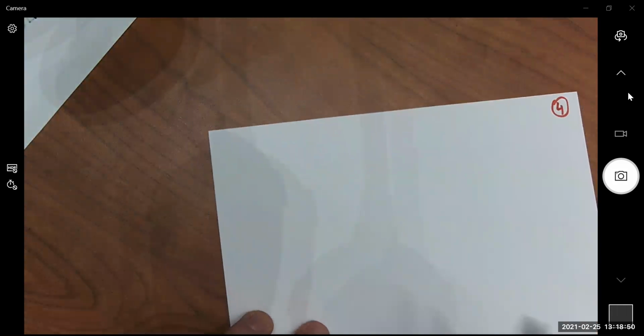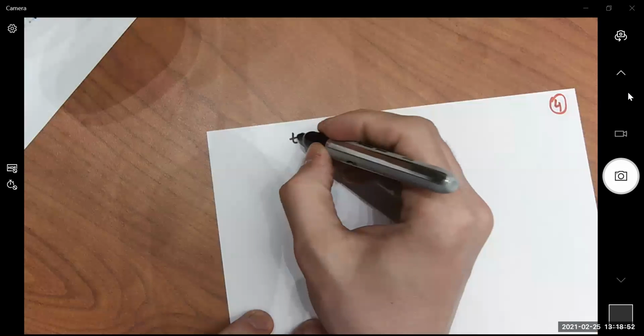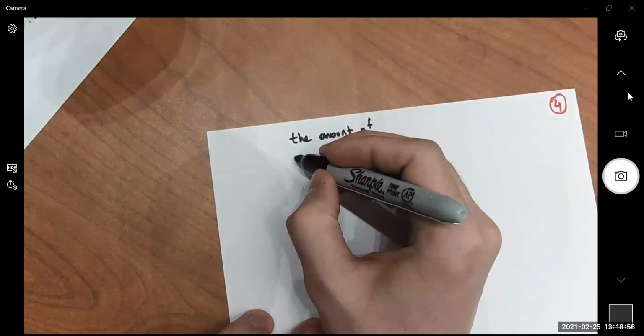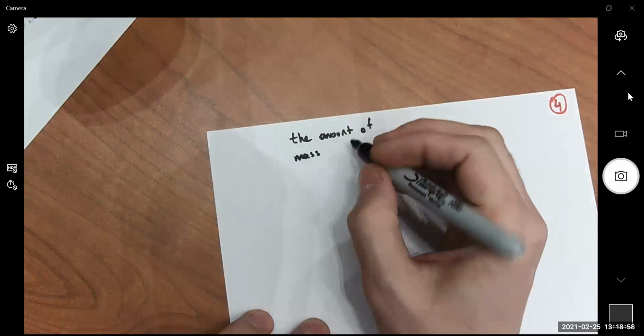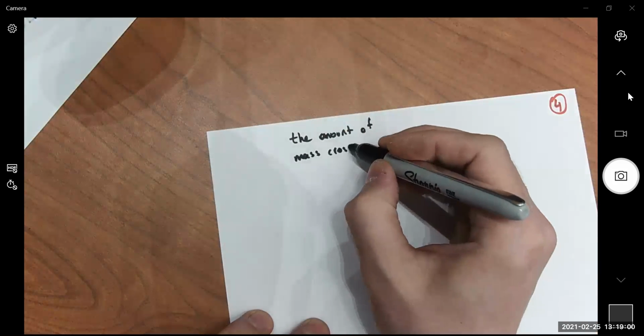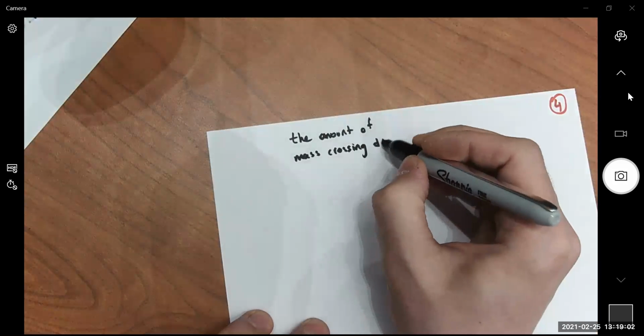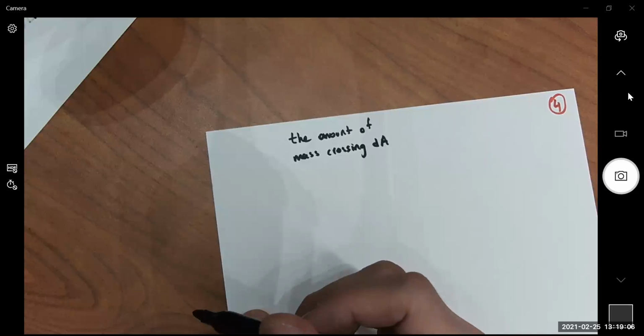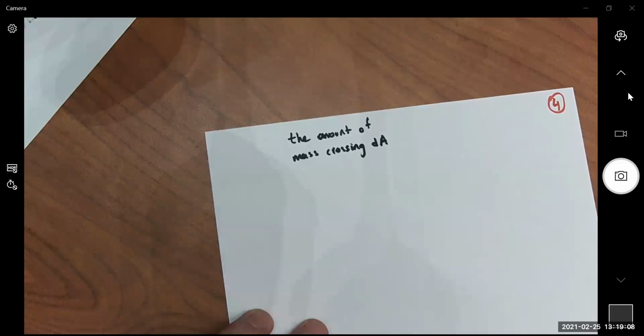The amount of mass crossing dA, the incremental small area, right? Smaller, you can say. I would say integration, but it's dA, right?